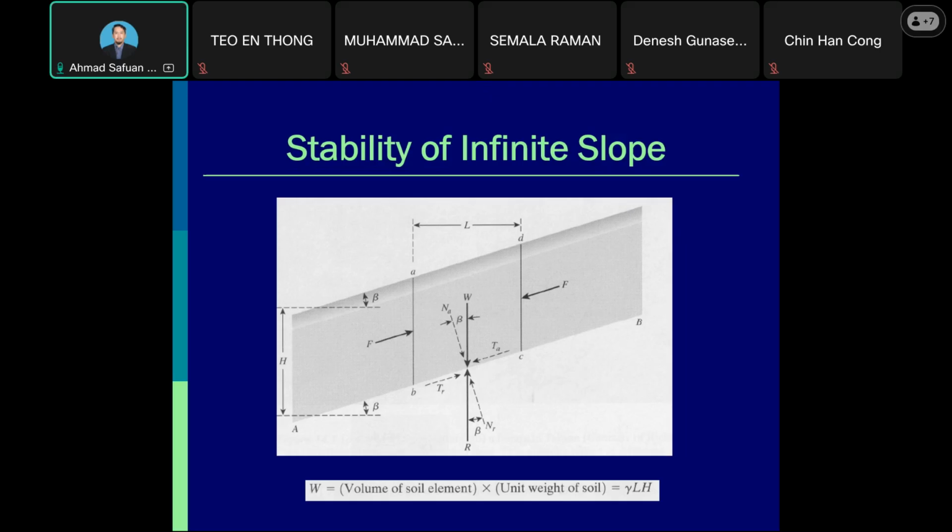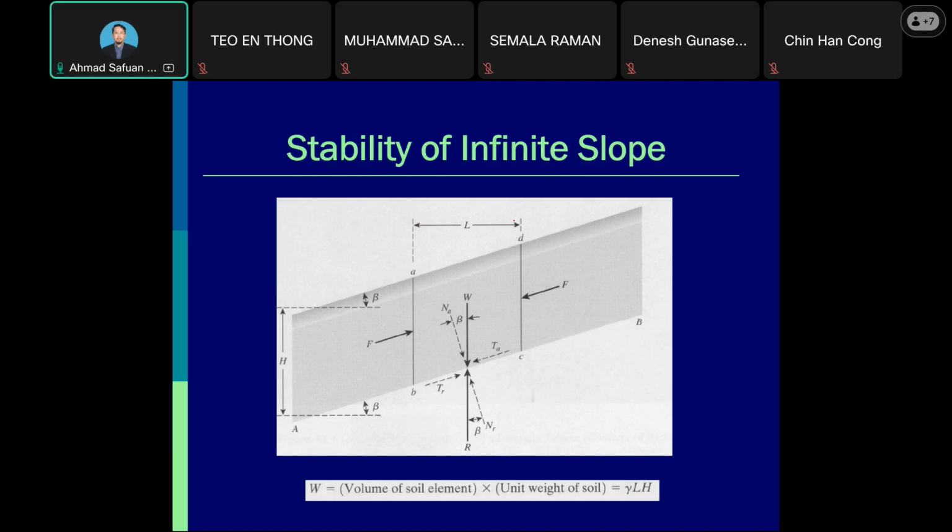We have beta here, and this is considered as the length of the slope block.